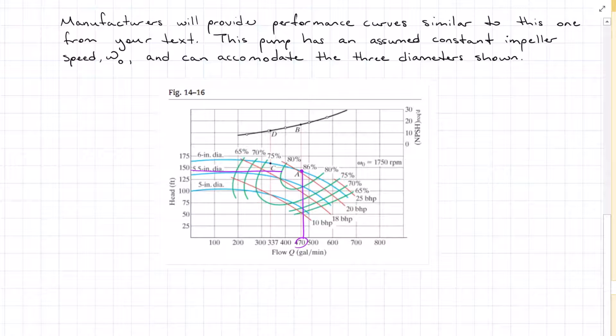Coming back over here on our head, we're going to be around 140 based on my lines here. And the red lines are our horsepower, and we're just past the 20 horsepower. So I would say 20 and a half, 21 horsepower for that pump power requirement.